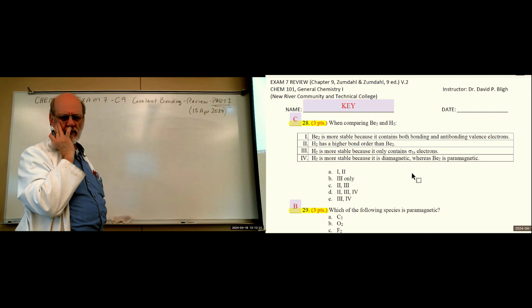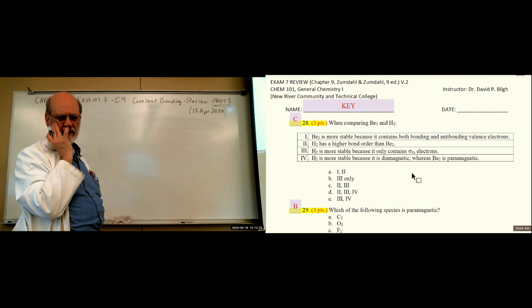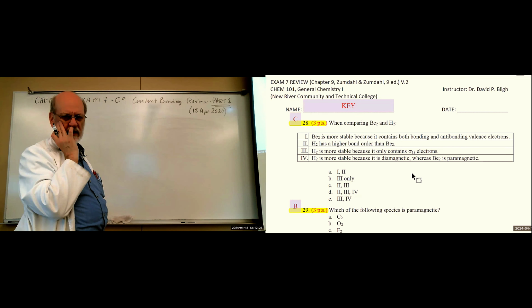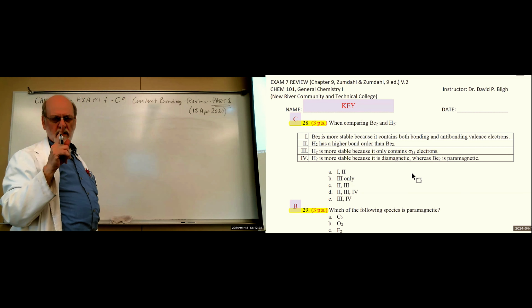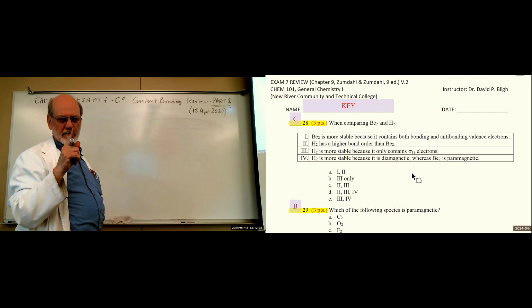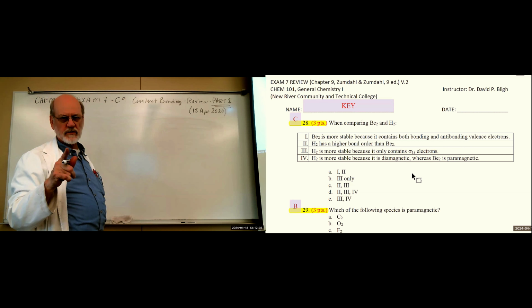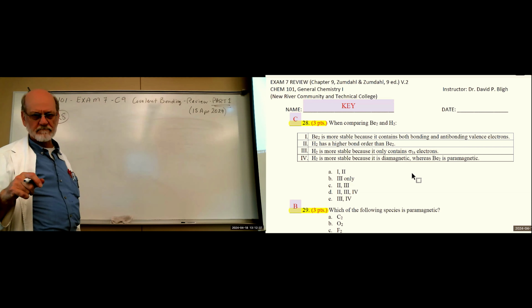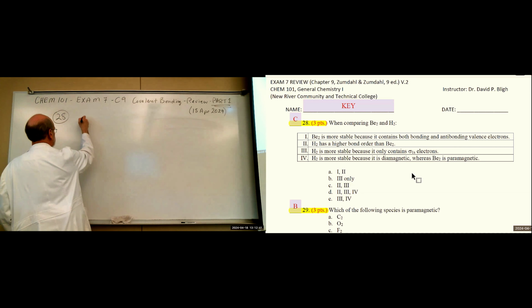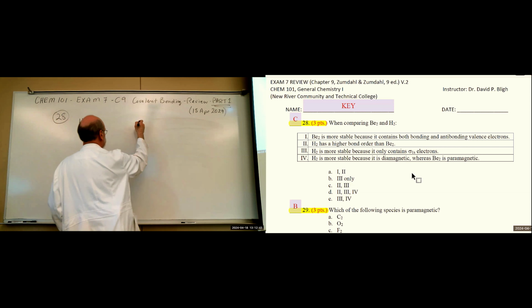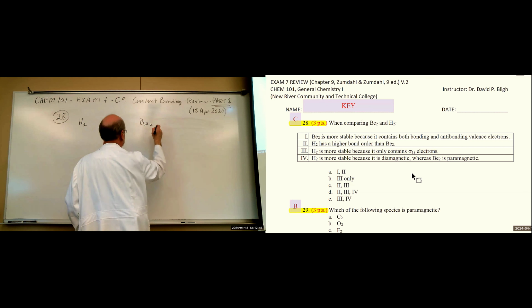Be2 is more stable because it contains both bonding and antibonding. Okay, looking at the answers, we need to know the molecular orbital structure of those 2 molecules. Yeah. So let's see. Dihydrogen versus diberyllium.